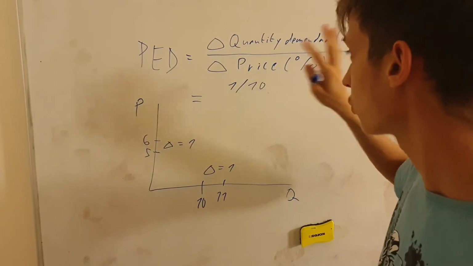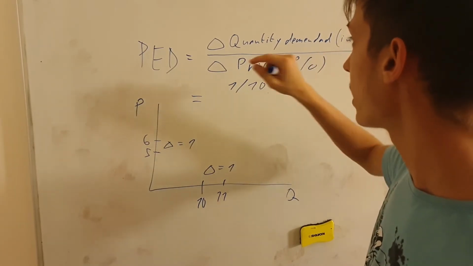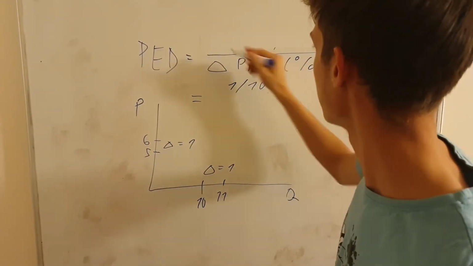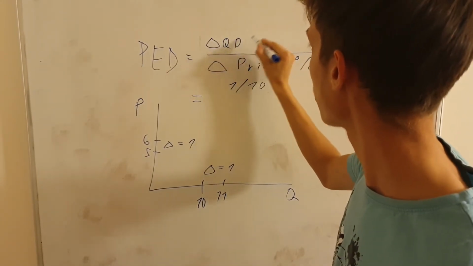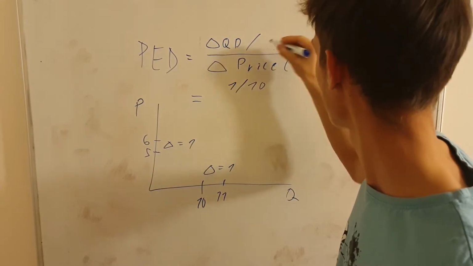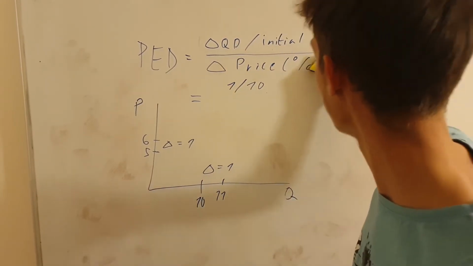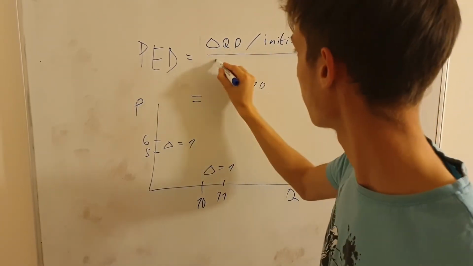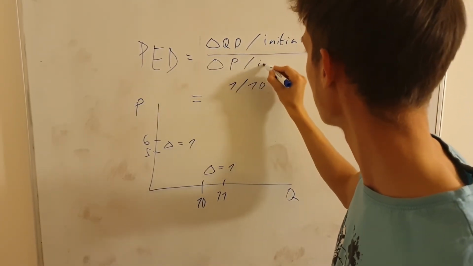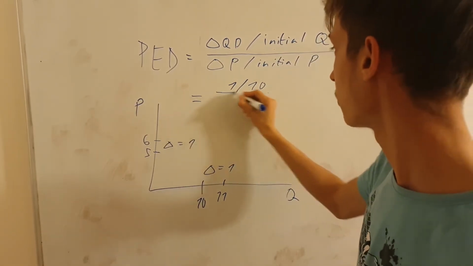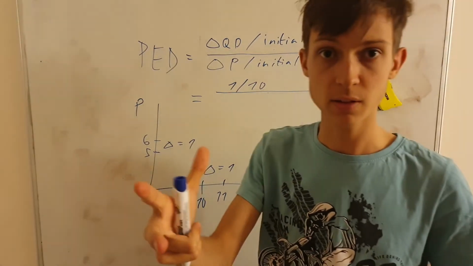Just realize that what we are really doing, and I can rewrite this once again in words, is the change in quantity demanded over initial quantity. And this is the same thing, the change in price over the initial price.